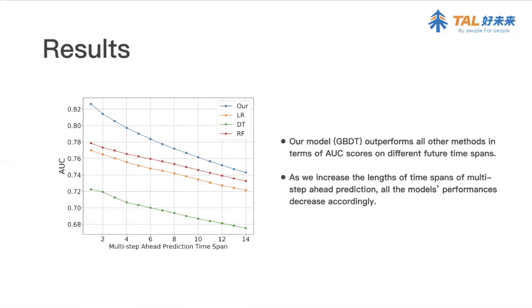The first is consistent with our expectation: since the model incorporates a lot of multimodal features, simple linear or single decision tree-based methods are not good enough to capture the complicated relationships between these features. For the second, we also agree that the more steps we look ahead, the more difficult it is for the model to give accurate predictions.